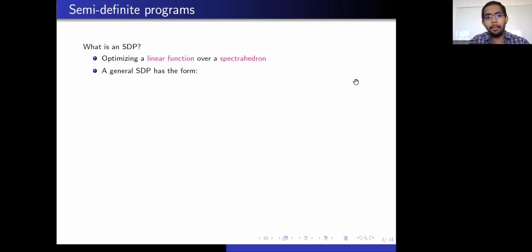A general semi-definite program has a structure very similar to a linear program, but over a richer object. That is, it is defined by matrices now, no longer vectors. So W1 to Wk are symmetric n by n matrices, and B is also a symmetric n by n matrix. The optimum value of the semi-definite program is still a linear function, C transpose X, subject to a linear matrix inequality now.